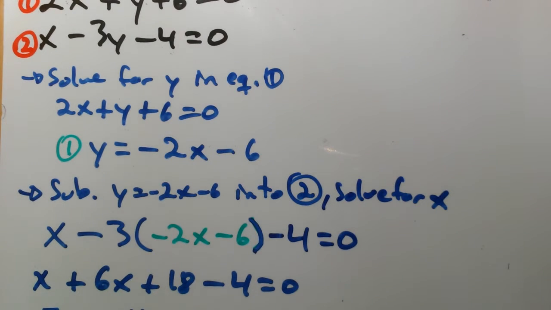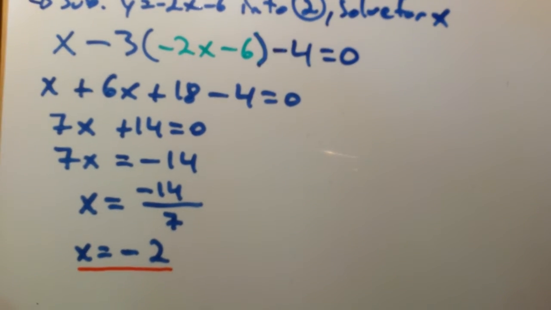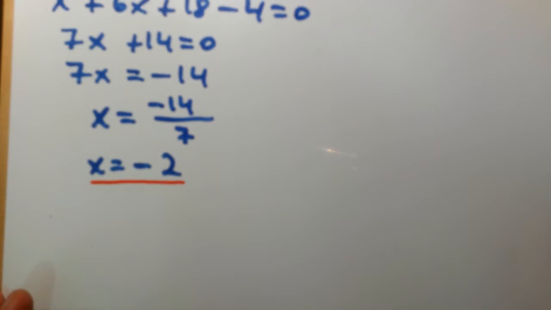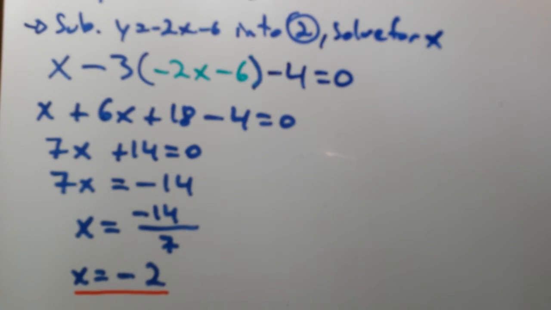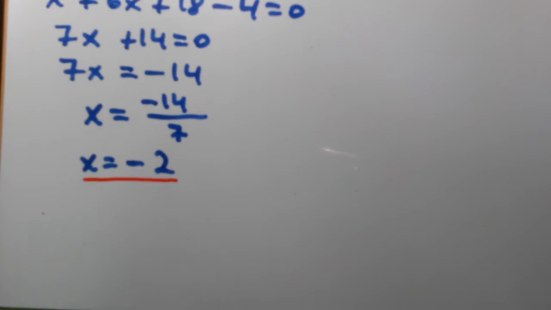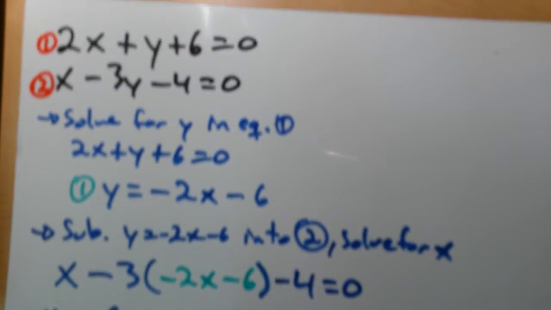Okay, so let's do that right now, and I'm going to take some space here. Alright, so we take x equals negative 2, and I'm going to substitute it into equation 1.